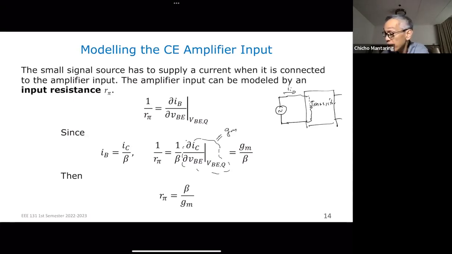So finally, 1 over R pi is just G sub M over beta, or R pi is just beta over G sub M. Yun ang makikitang resistance dito. That's going to be R pi. That is the resistance that your signal connected at the input is going to see.